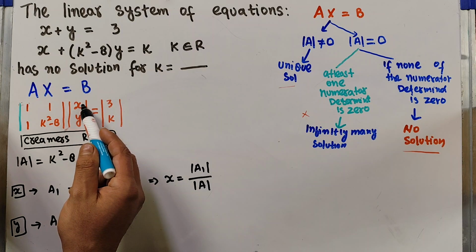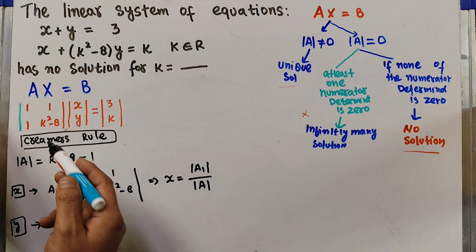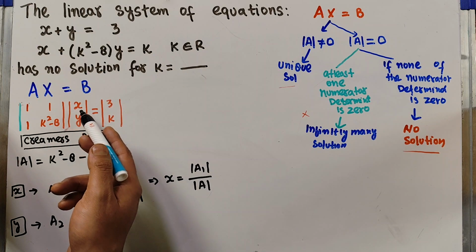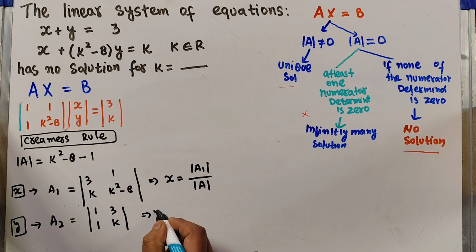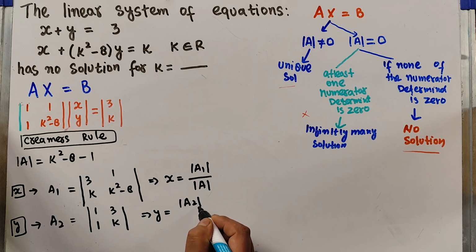To find x, we replace the first column; to find y, we replace the second column. So we have 1 1 first, then in place of this we write 3 k. Then y will be equal to the determinant of this new matrix A2 divided by the determinant of the coefficient matrix. This is how we apply Cramer's rule.